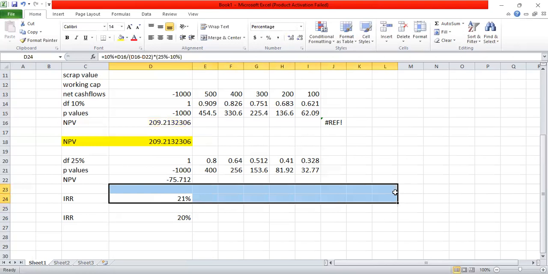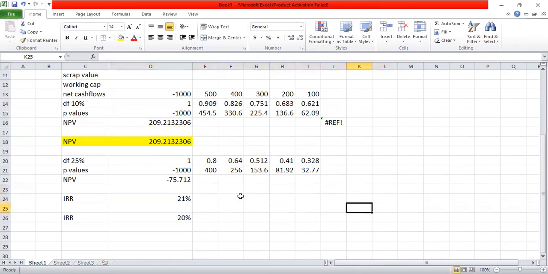See now, in the original formula, what is going to happen? The IRR formula is lower rate multiplied by NPV at lower rate divided by NPV at lower rate minus NPV at higher rate.